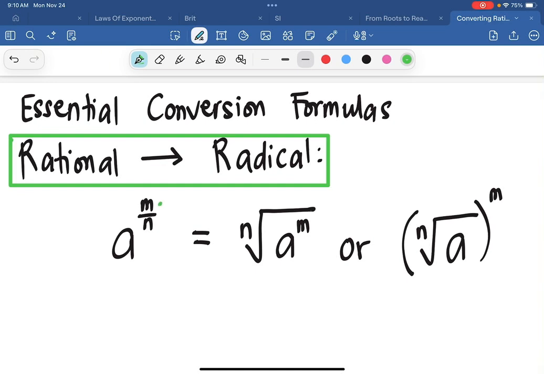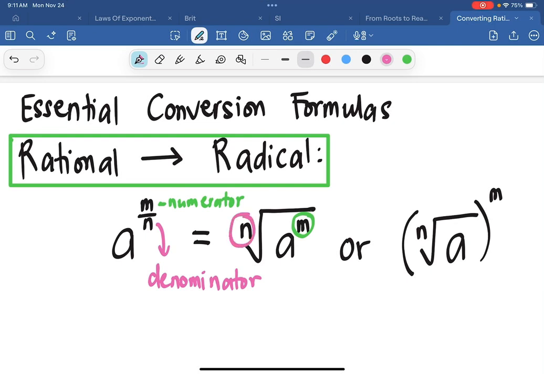So basically, your numerator is the one that you're going to raise the radicand to. And the denominator is your index or nth root.